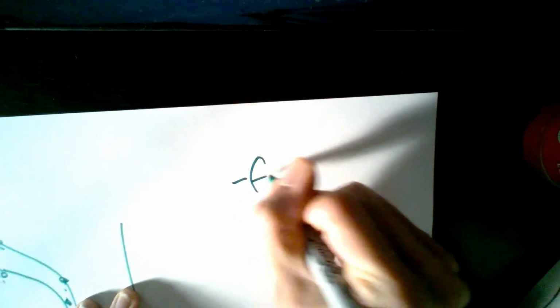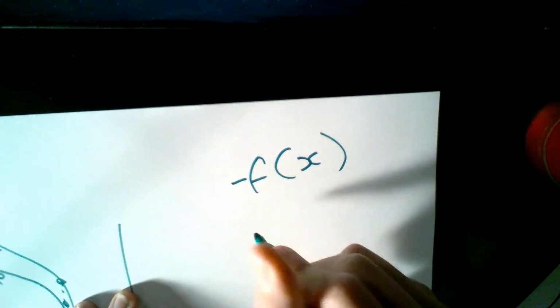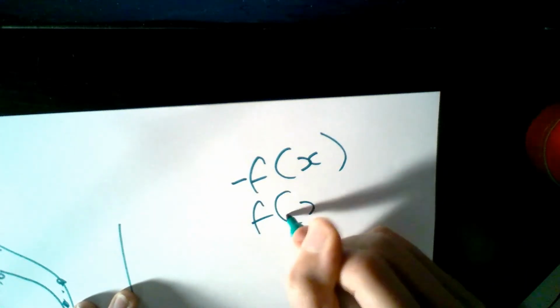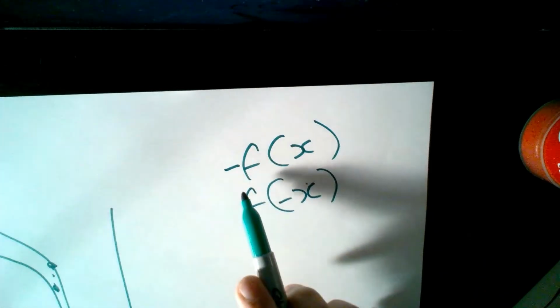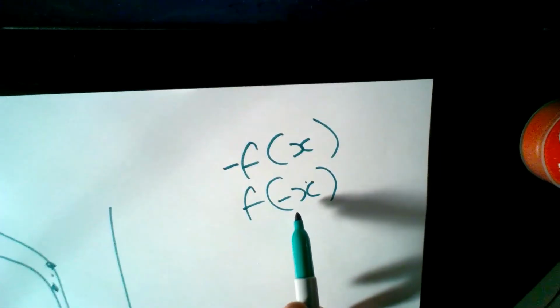Okay, and then two last things you need to know. I don't really have to draw a diagram, it's just telling you. So negative f of x and f of negative x. So when we said a change outside the brackets affects the y-axis and the change inside the brackets affects the x-axis.